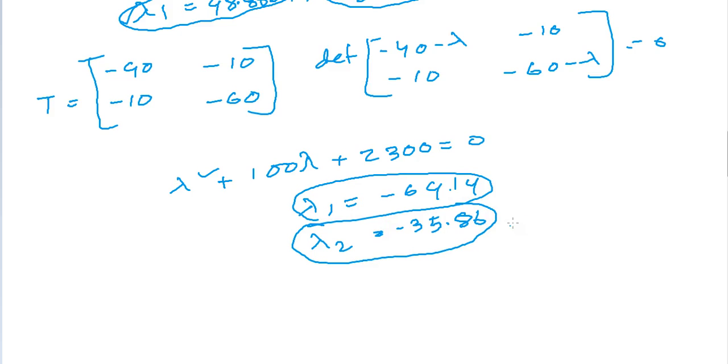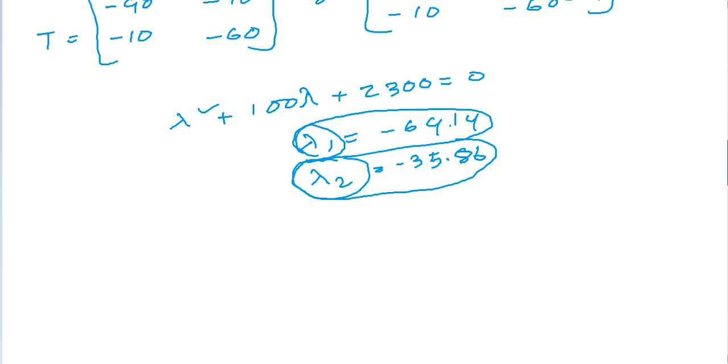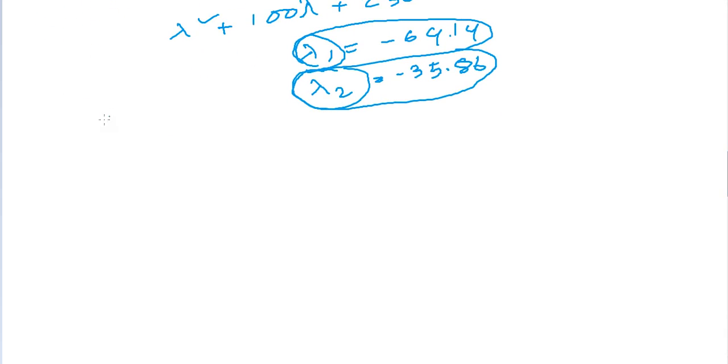From the definition of eigenvalues and eigenvectors, we know that if T is the tensor, then we can find its eigenvector v such that Tv equals lambda v, right?